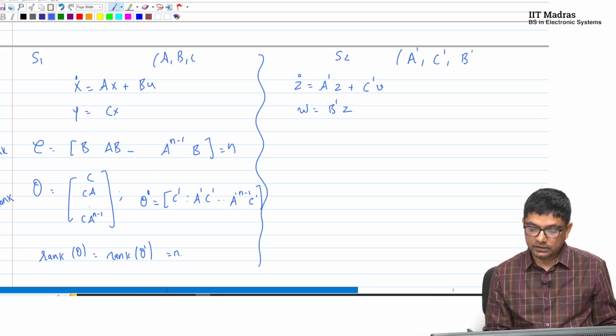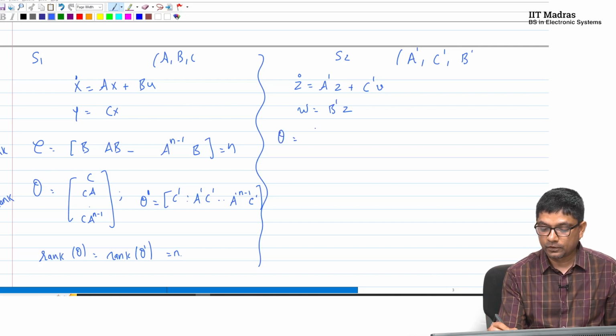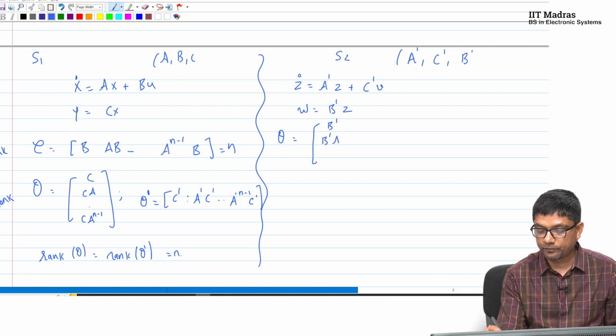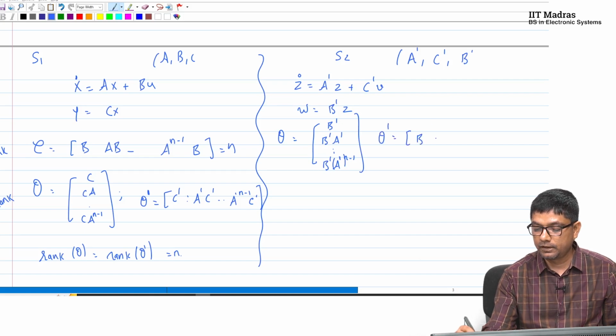Okay, so first let me look at what is the observability here. Observability would be these matrices B transpose, up to B transpose (A transpose)^(n-1). The observability transpose will have the form B, AB, up to A^(n-1)B.